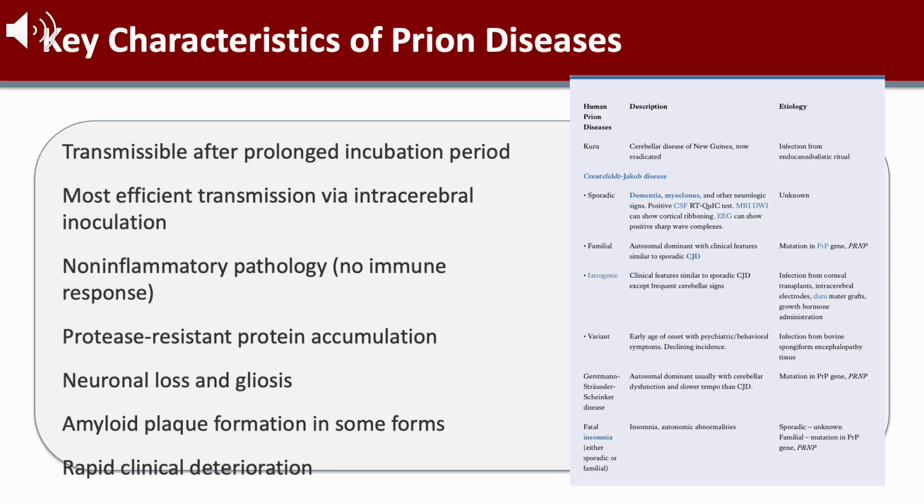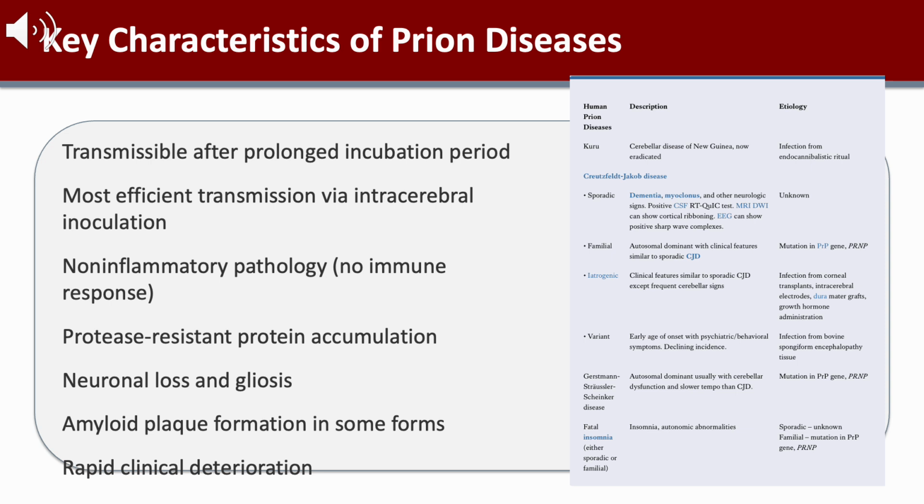Prion diseases have several distinctive characteristics that set them apart from other neurodegenerative diseases. First, they are transmissible, meaning infected tissue can spread the disease to other individuals or animals. However, transmission typically requires direct contact with infected nervous system tissue.